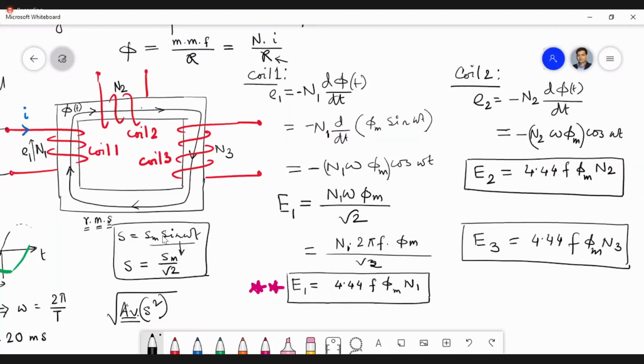Is that clear? So I can go on placing several coils. Everywhere the voltage I get will be in proportion to their number of turns only, and the rest of the things will be the same for all the coils.